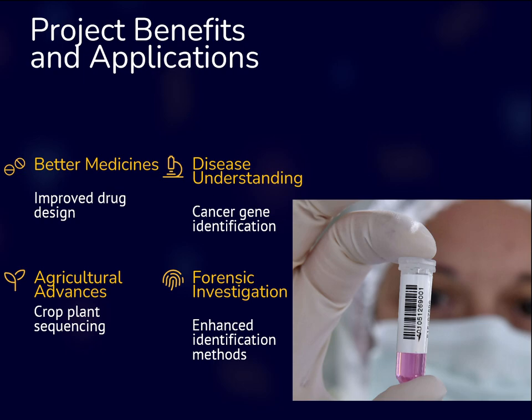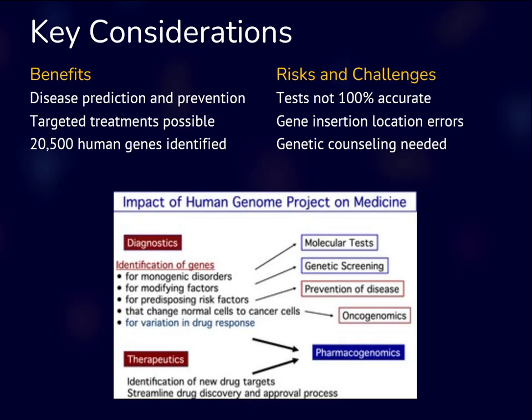Next, forensic investigation. DNA profiling has become a crucial tool in criminal investigations and legal proceedings. Next up, agricultural advances. Sequencing the genomes of crops has enabled the development of genetically modified plants with improved yield and resistance to pests.